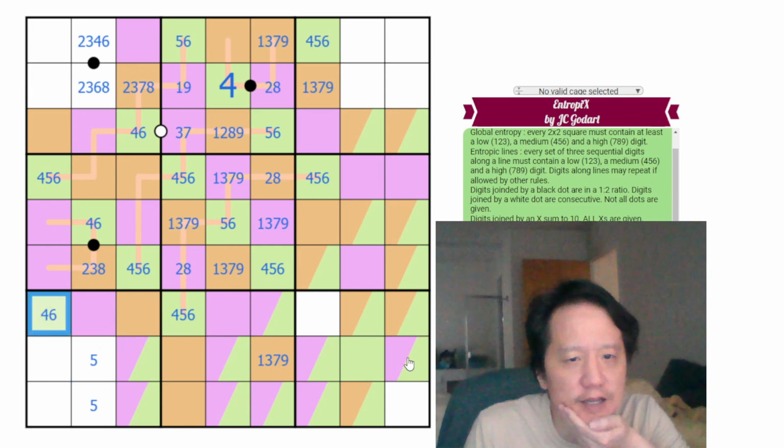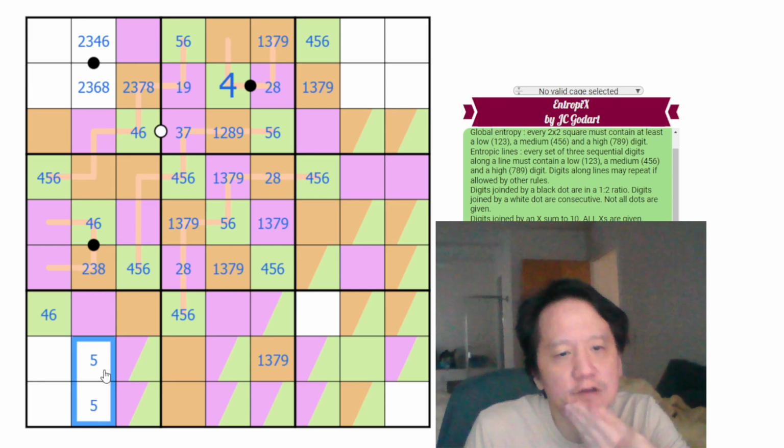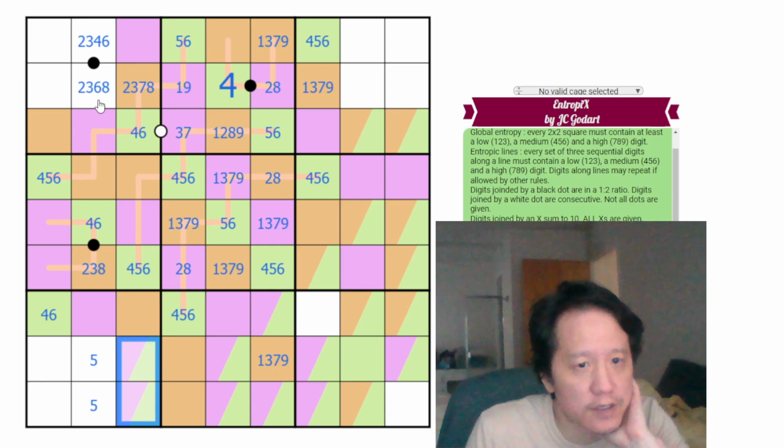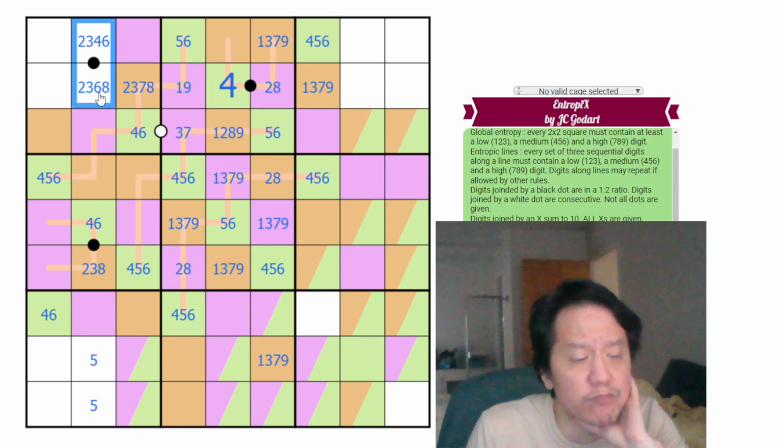So this cannot be 5. We know this is green. So this is 4 or 6. So it has to be one green. It cannot be 2 greens. So one green is here, which means this is pink and orange. This cannot be 5, therefore, and this can't be 5.